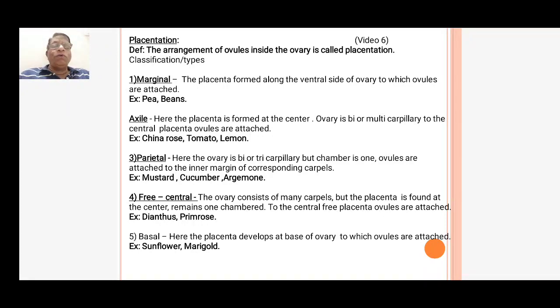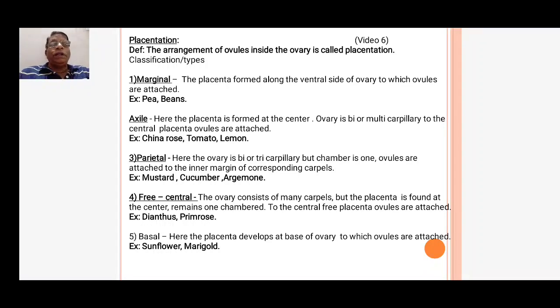Within the ovary, the ovules are present. How are these ovules arranged? That is, the phenomenon of arrangement of ovules inside the ovary is called placentation.